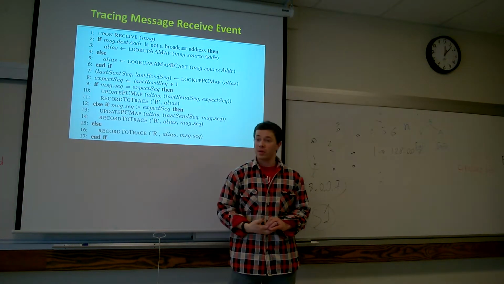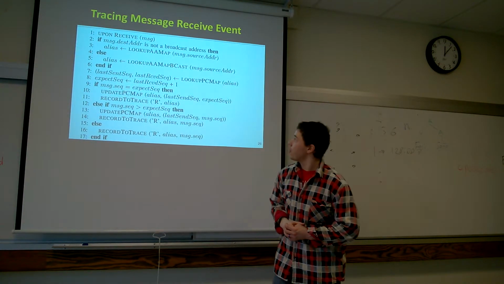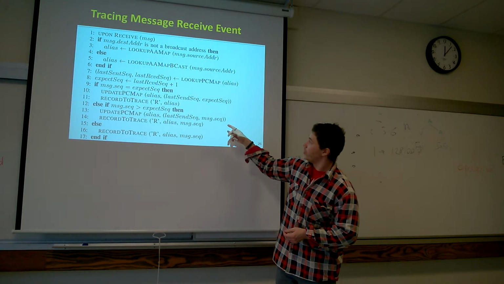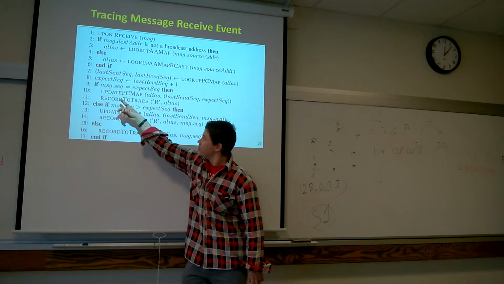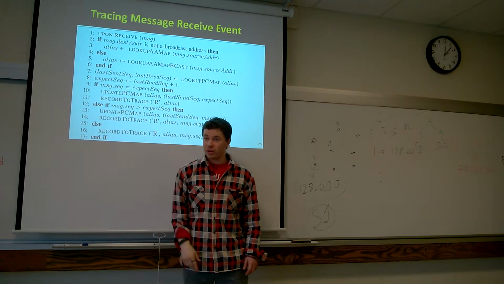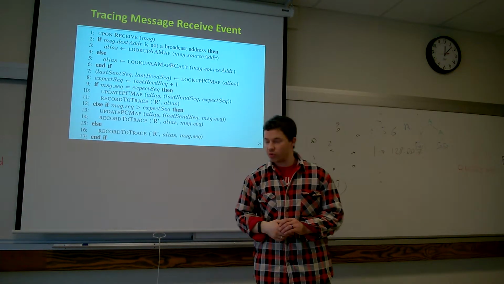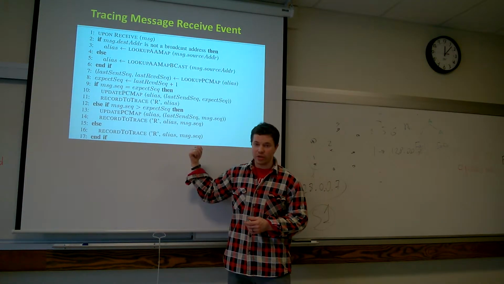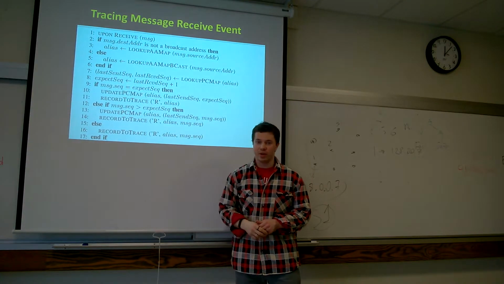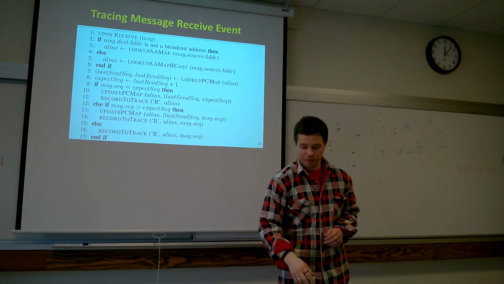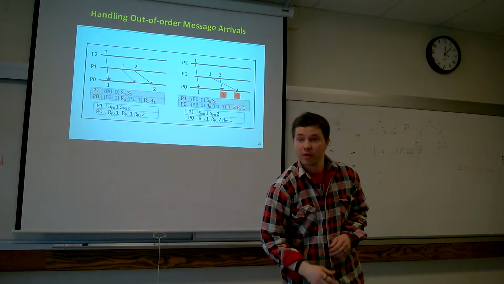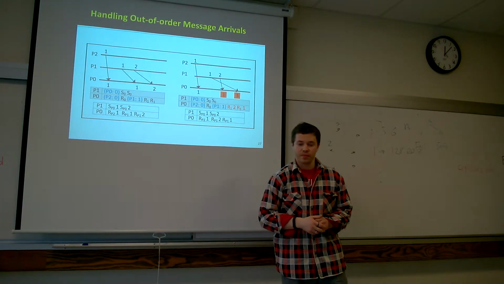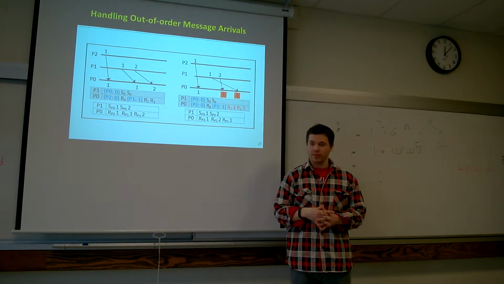You send the message sequence number and the address. So you do send it, but then on the receiving side you have some ideas how to handle them. You just check for out of order or missing messages.